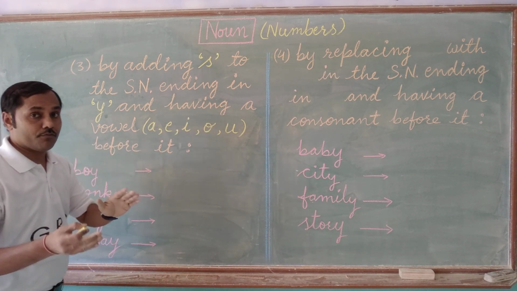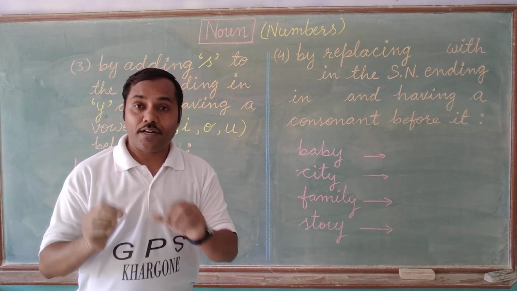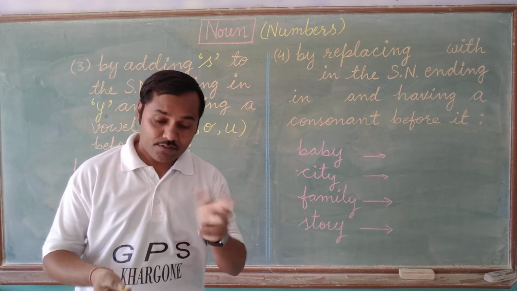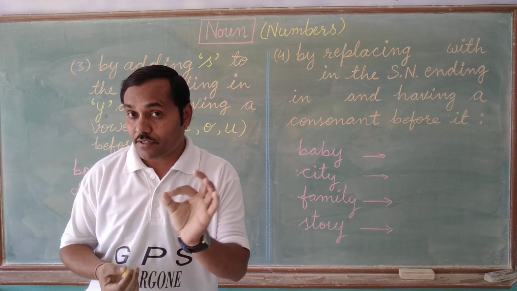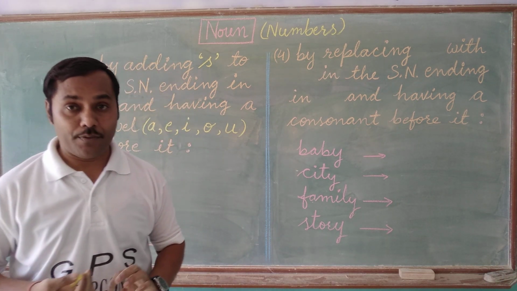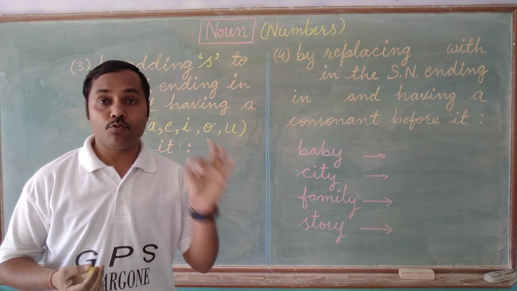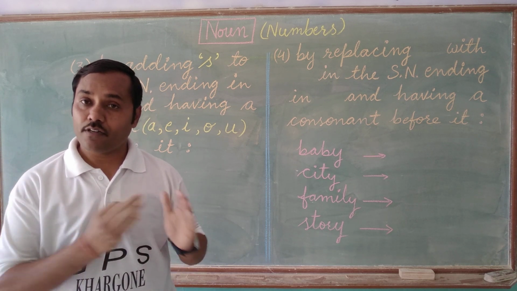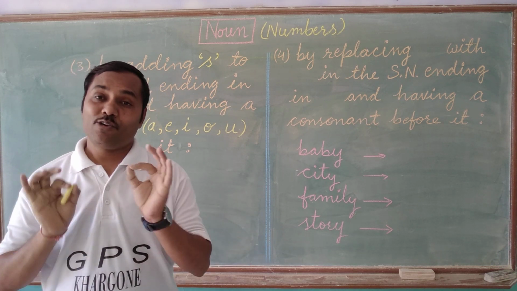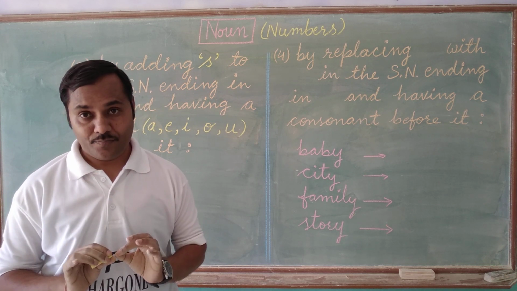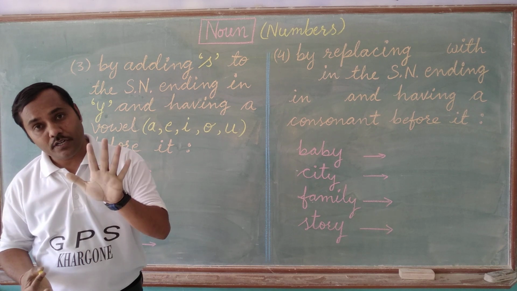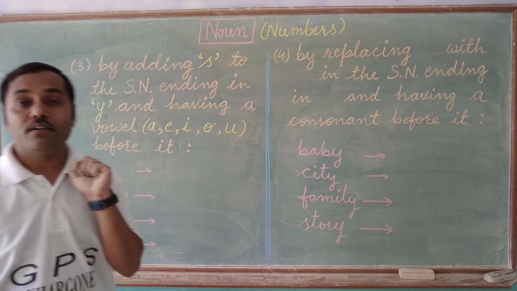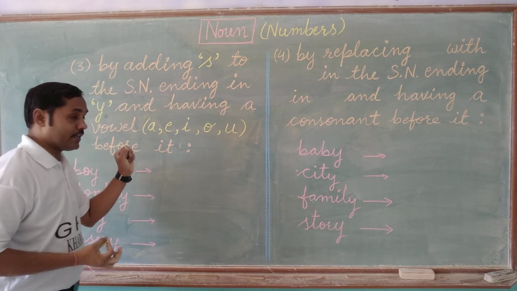A vowel before it. Now, do you know what is vowel? Yes, of course, you must know that there are 26 letters in English alphabet. Yes, A to Z, A, B, C, D, E, F up to Z. We have 26 letters. Out of these 26 letters, there are only 5 letters which are called vowels. What are they?